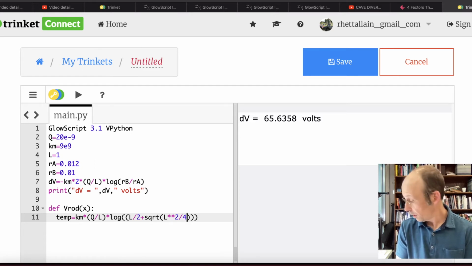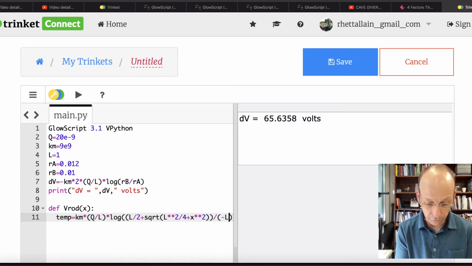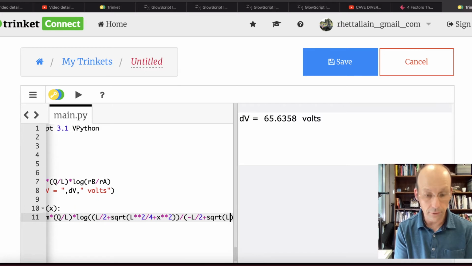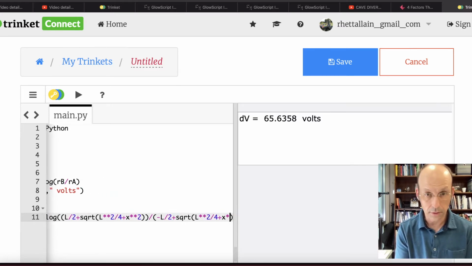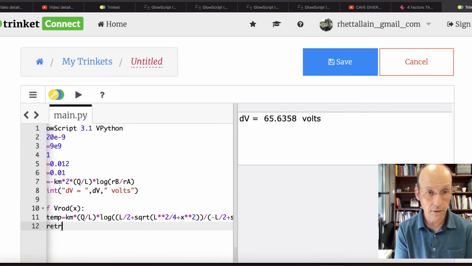I'm pretty sure it is. Plus x squared, all of that divided by negative L over 2 plus square root L squared divided by 4 plus x squared. I think that's good.